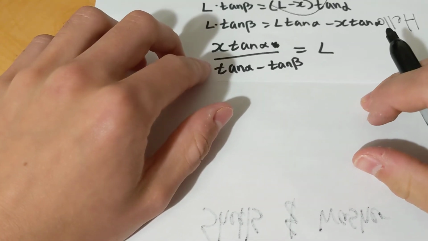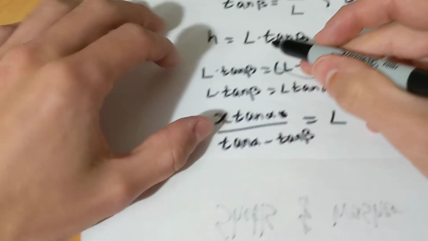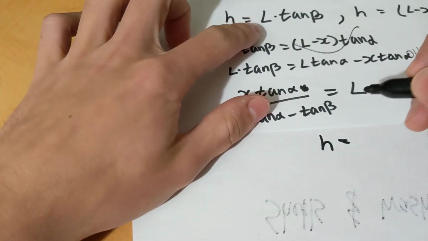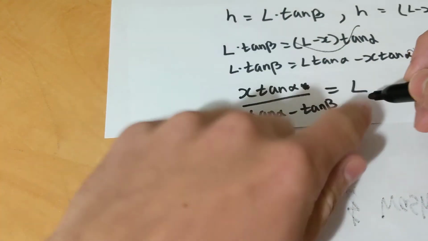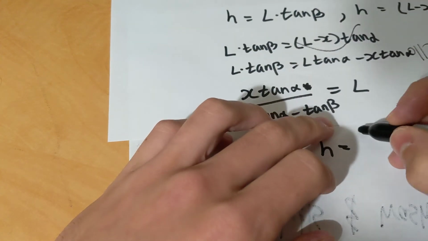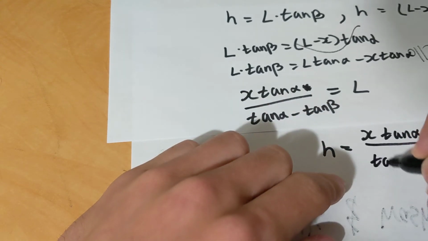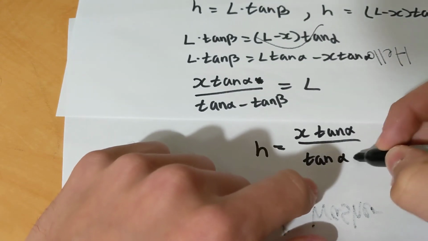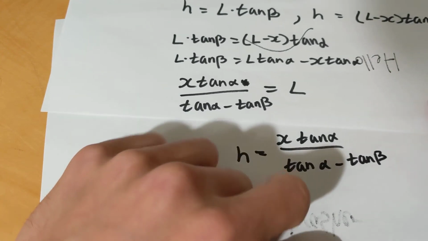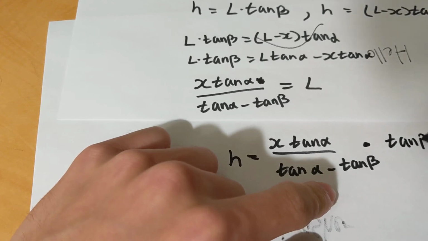Okay, now let's take this rearranged form and look at this guy right here. H is equal to L times tan beta. Well, we have L right here, so let's plug in L there: X tan alpha all over tan alpha minus tan beta, all times tan beta.